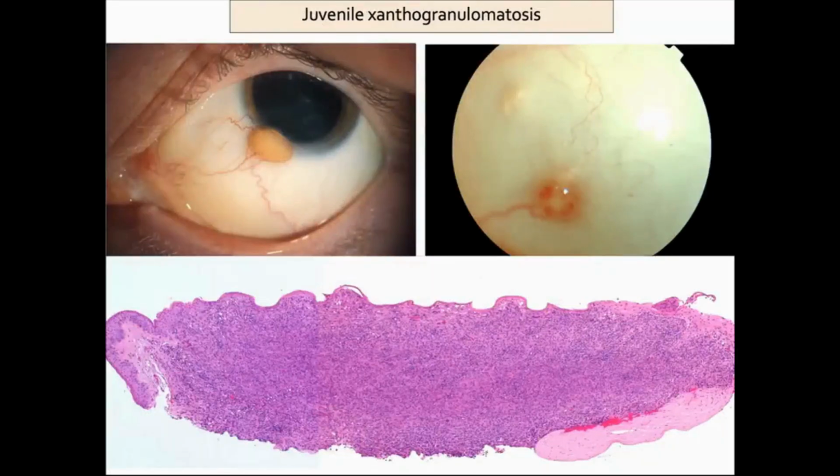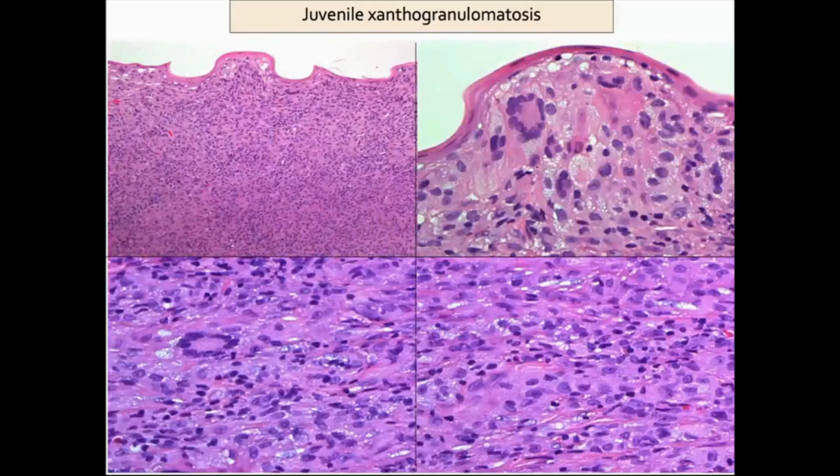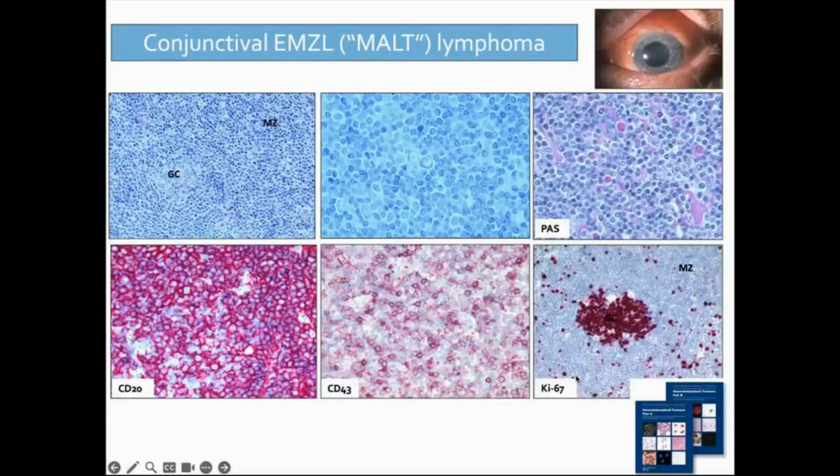And then you can get odd lesions which mimic tumors, and this is an example of juvenile xanthogranuloma. And you can see here the numerous Touton giant cells, and this bubbly cytoplasm within the macrophages, which we can then highlight using immunohistochemistry.